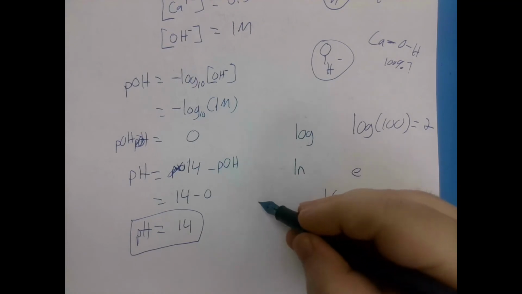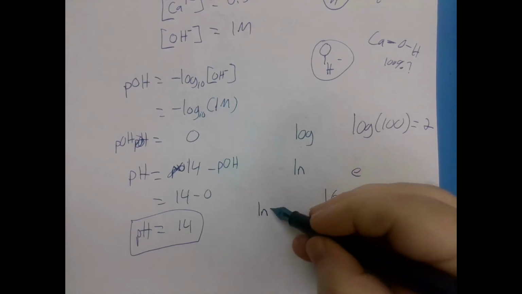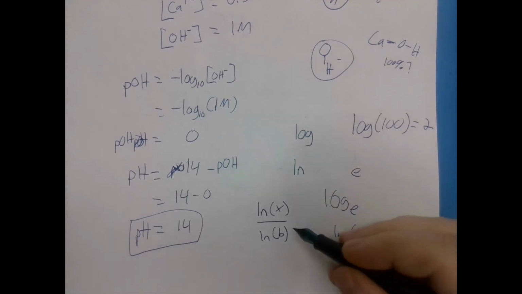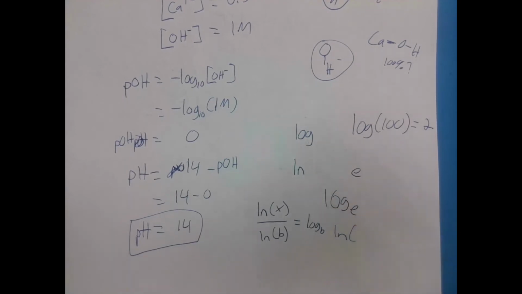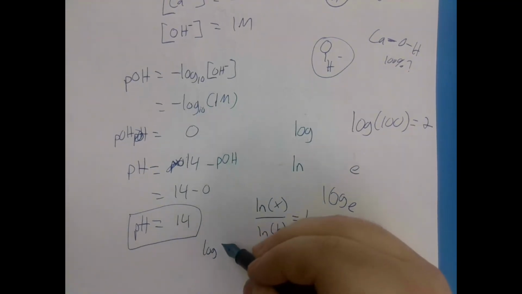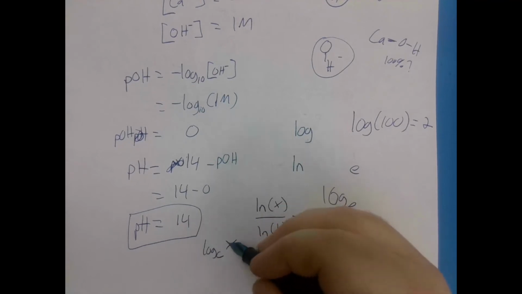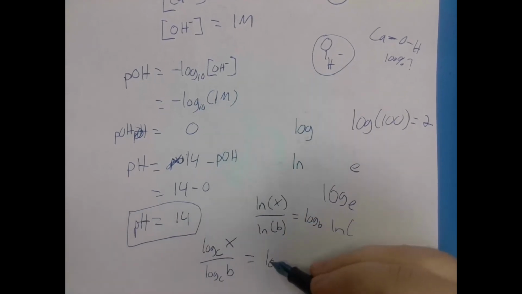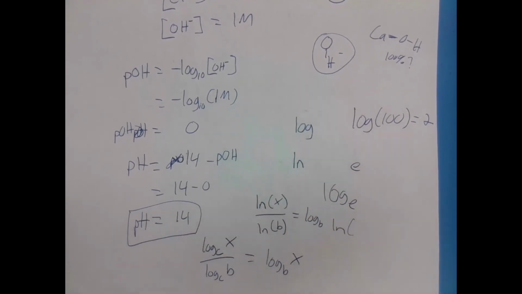If you do natural log of x divided by the natural log of your base, this gives you log base b of x. Basically, if you do log base c of x and divide it by log base c of b, this gives you log base b of x.